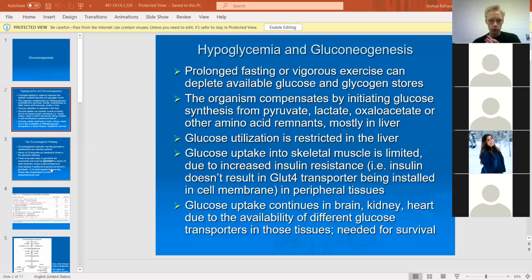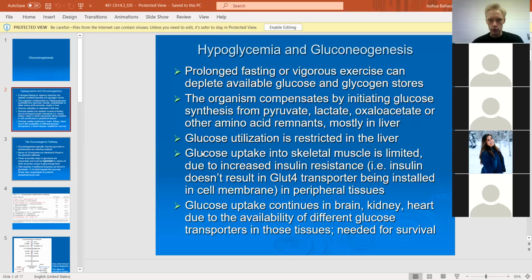For gluconeogenesis, we just need to know the substrates, the products, enzymes, and locations of the bypass steps 1 and 2, which we'll review, and know how the reactions take place generally. But you do not need to know any mechanisms for this. Also, know the special requirements, cofactors, and requirements for glucose transport.